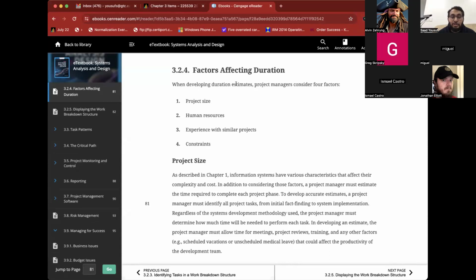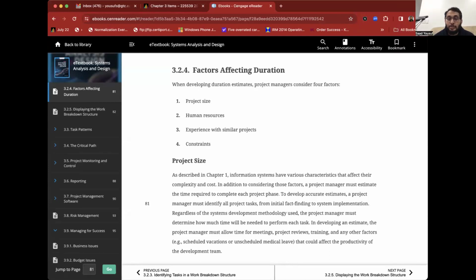Now moving on to the next page, where it talks about the factors that affect the duration. When developing duration estimates, project managers consider 4 factors. One of them is the project size, another one is the human resources, another one is the experience with similar projects.